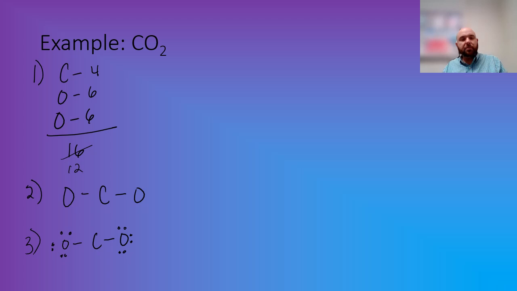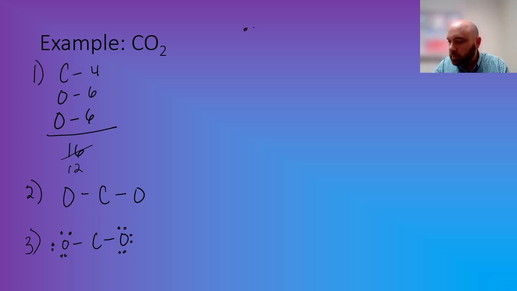At this point, we can probably see that while the correct number of electrons have been used and oxygens have full octets, our carbon has not satisfied its octet. So we will need to rearrange some of these electrons into multiple bonds in order to help carbon satisfy the octet. The first rearrangement would look like this.